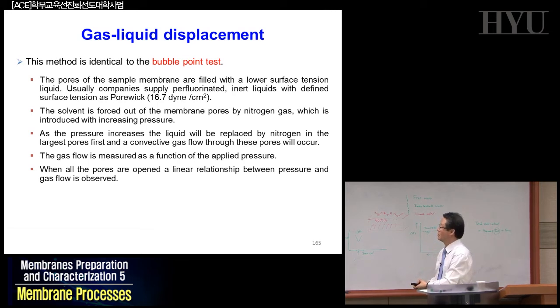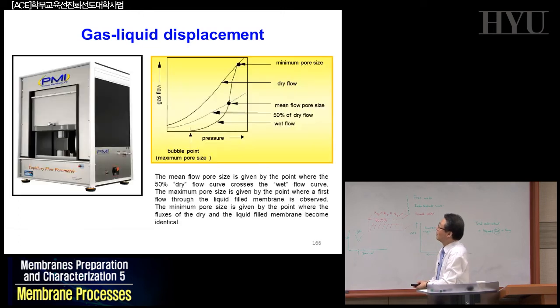I think we have this machine in the laboratory. This is the PMI capillary flow porometer, and you apply pressure, such as nitrogen pressure and gas flow, so that the first point is called the bubble point, where the first pore opens and gas comes out.